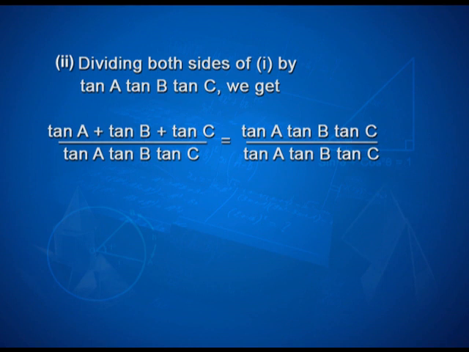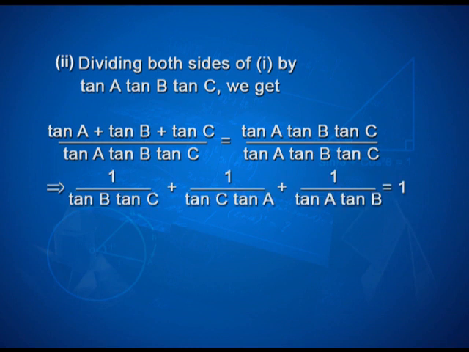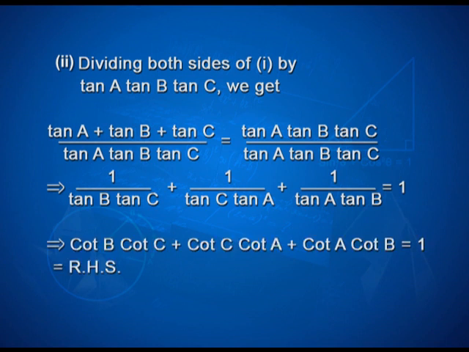This implies 1 upon tan b into tan c plus 1 upon tan c into tan a plus 1 upon tan a into tan b is equal to 1. This again implies cot b into cot c plus cot c into cot a plus cot a into cot b is equal to 1, because cot theta is equal to 1 upon tan theta.